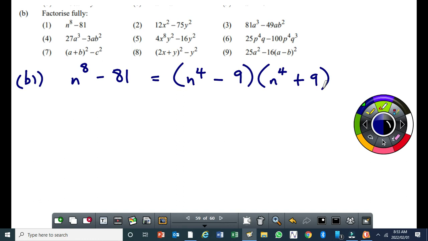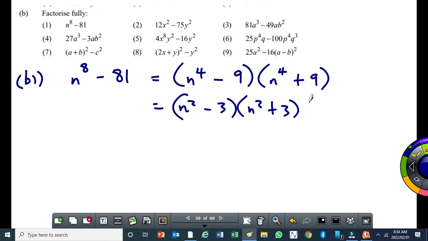Factorize that, divide the 4 by 2, you get n squared minus 3 times n squared plus 3 times n to the power of 4 plus 9. We can't factorize this because it's a sum of squares. A sum of squares cannot be factorized. But a sum of cubes can be factorized, which we are going to do at the end of this topic.